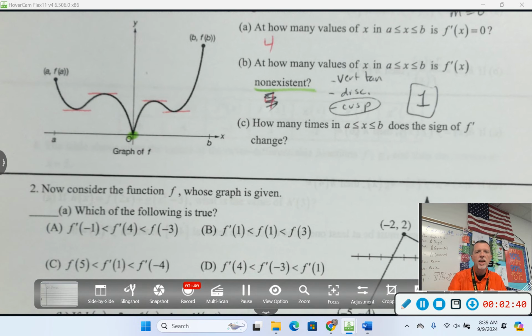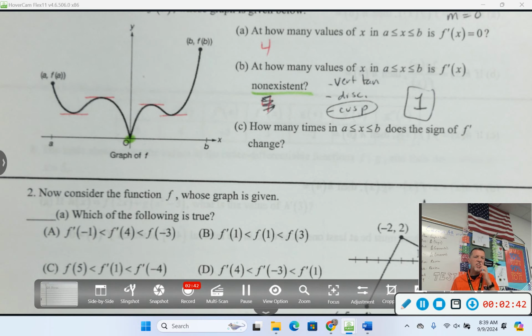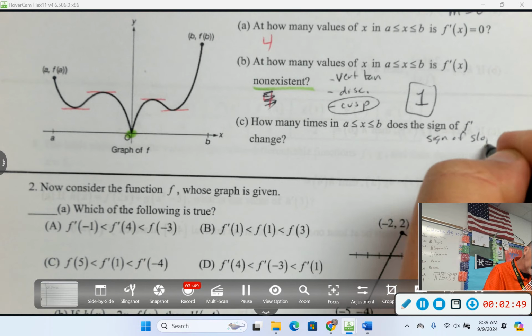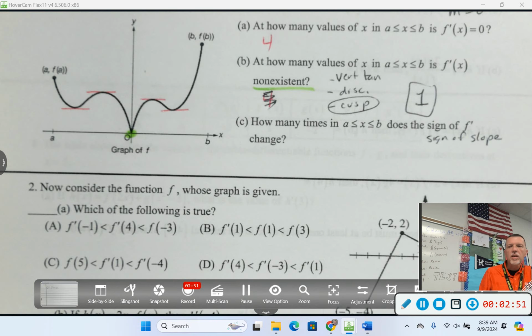Part C. How many times does the sign of f prime, the sign of the slope, change? Like from positive to negative or negative to positive. How many times does it change?